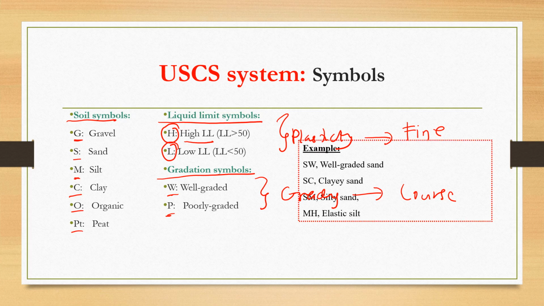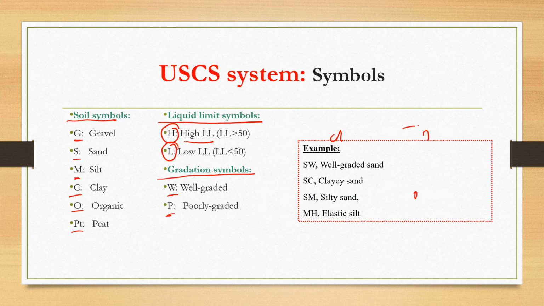For example, if you find out that your sample has some sand and also silt, how to write it? S, we know that S is for sand. What is M? M is for silt. M for silt, S for sand.